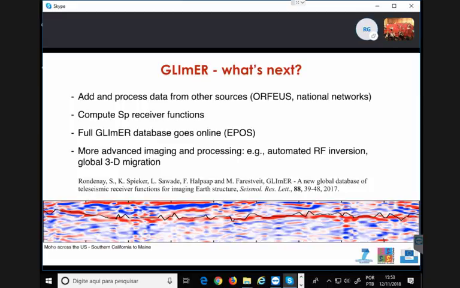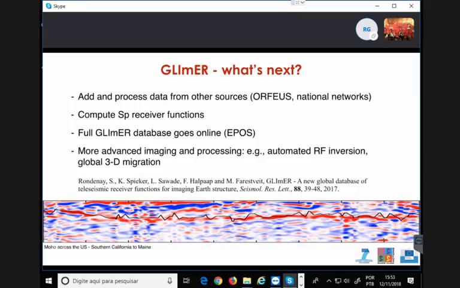This is what we've done in Glimmer, and what's next? The idea is to continue expanding the database at this stage and add and process data from other sources, ORFEUS and national networks. Sergio just presented all the data from Brazil before that seems to be public, so it's something that we could add into this database.